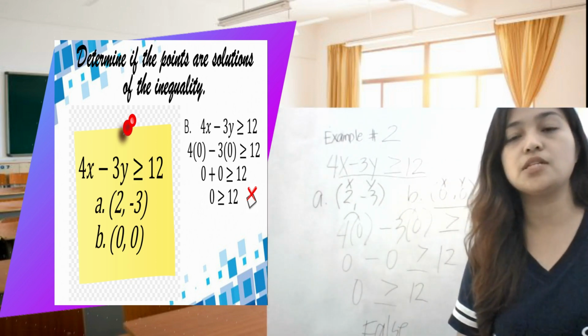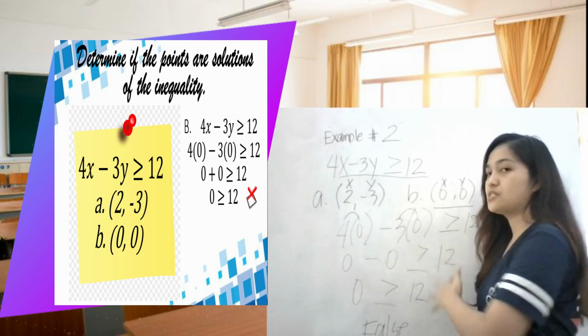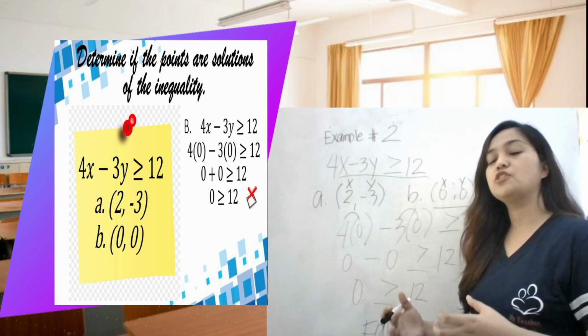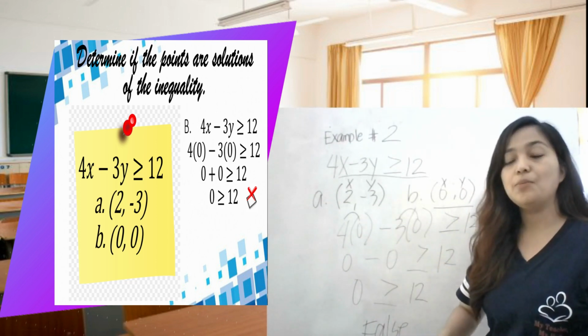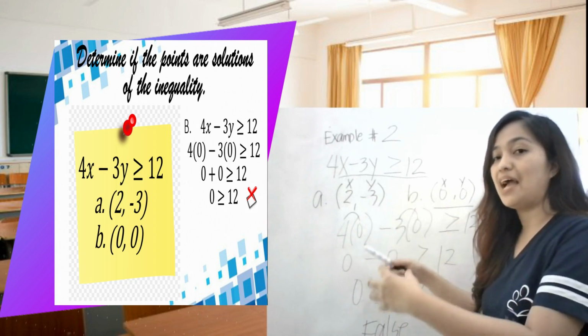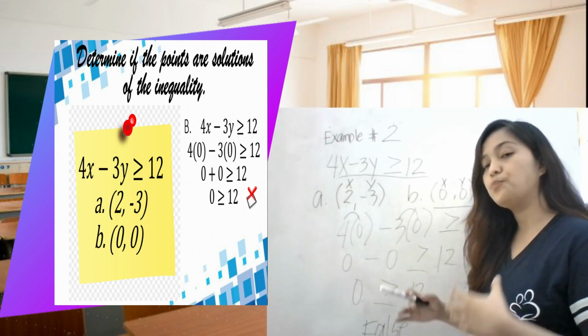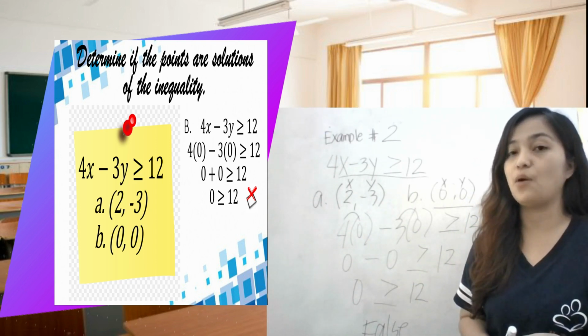Class, baka kayo ay nalilito sa term na solution kasi pag sinabi mo solution, di ba ito yung process? Solution din ang tawag natin. So, another definition for solution, which is ginagamit natin dito, pag sinabi mong solution, yun yung point na nag-true. Solution, yun yung point na nag-true, either kay linear equation, di ba may solution din tayong tinatawag.